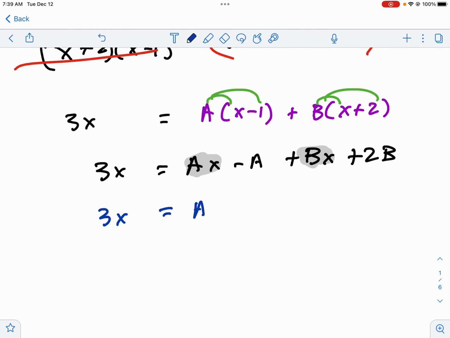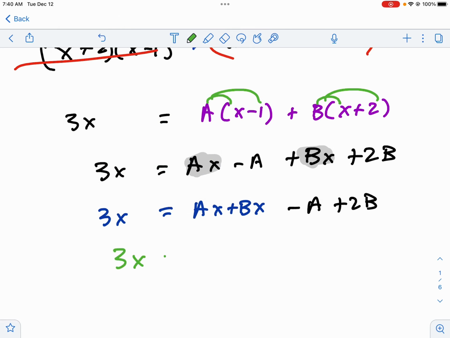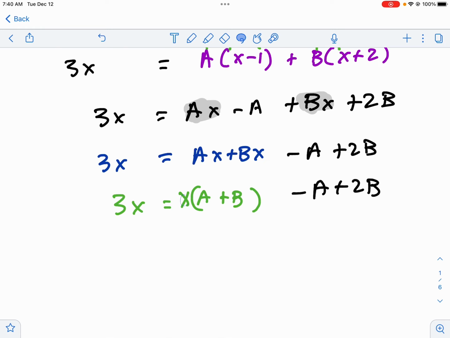So I have ax plus bx minus a plus 2b. And then the last thing I need to do here is factor out an x. So a plus b. Normally you guys are comfortable writing it that way, where you take out the x, but I'm going to leave the x in the back. You'll see why.